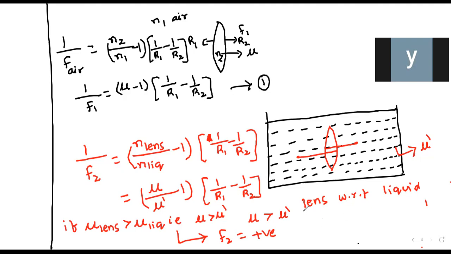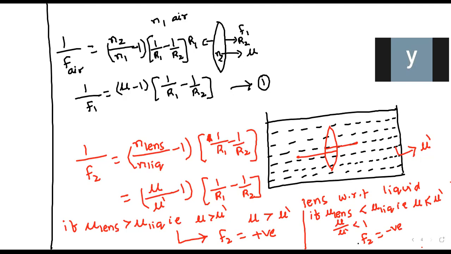Suppose let us consider another case. If refractive index of lens is less than refractive index of liquid, that means mu is less than mu dash. That means mu by mu dash will be less than 1. That means that focal length F2 is negative, right?